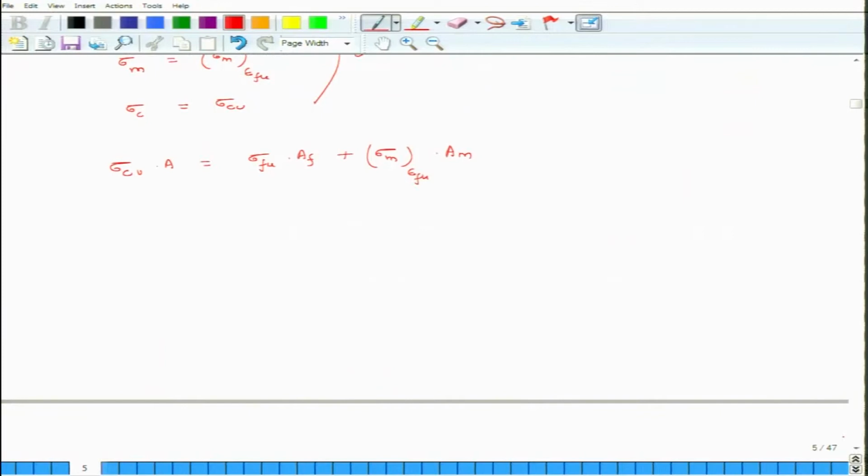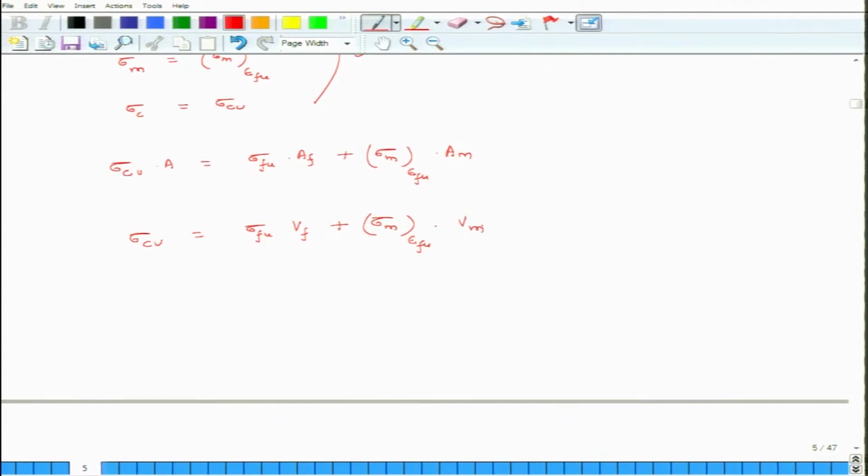So, if I divide this entire thing by A, I get sigma Cu is equal to sigma Fu Vf plus sigma M at epsilon Fu, the breaking strain of the fiber, times Vm.